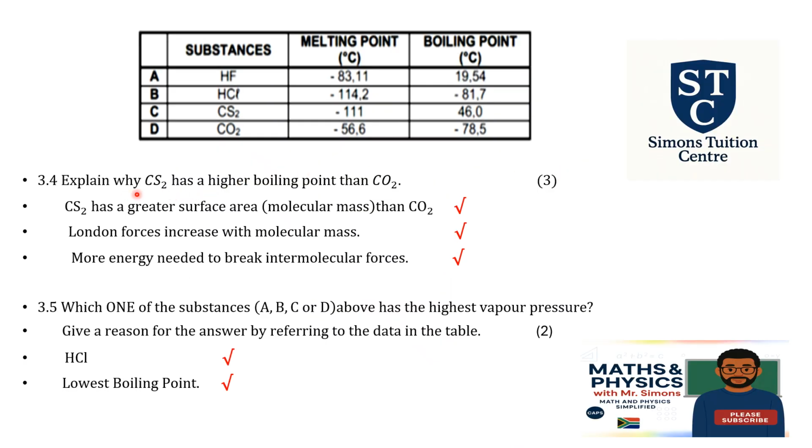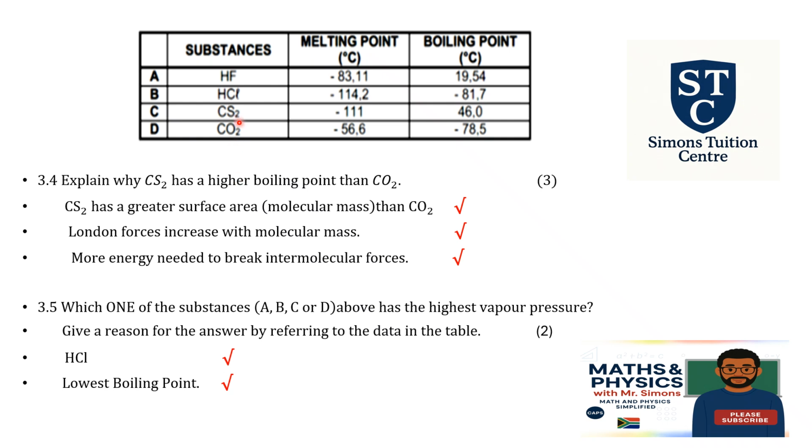Then explain why CS2 has a higher boiling point than CO2. Alright? So number 1, carbon and sulfur, and carbon and oxygen. Sulfur is a bigger molecule than oxygen. Alright? So we can say CS2 has a greater surface area than CO2. Sulfur is below oxygen in the table.